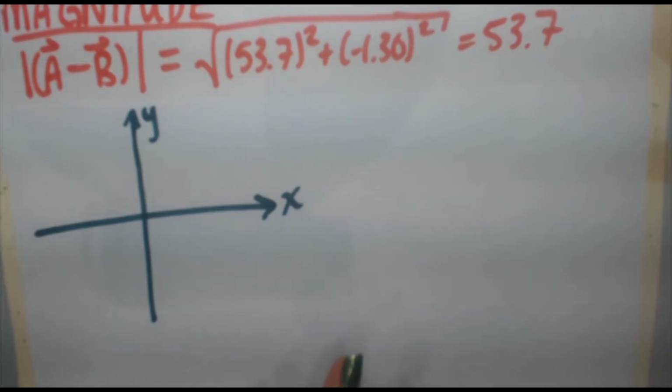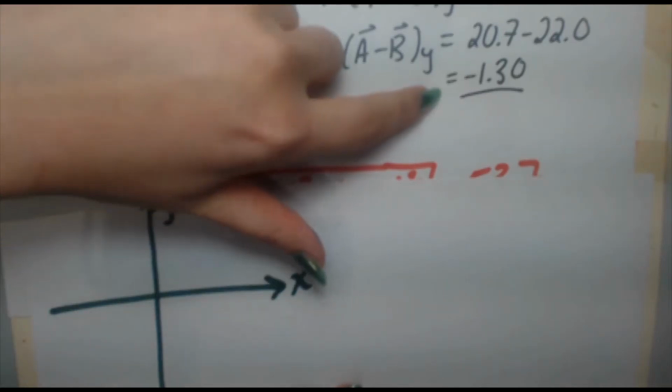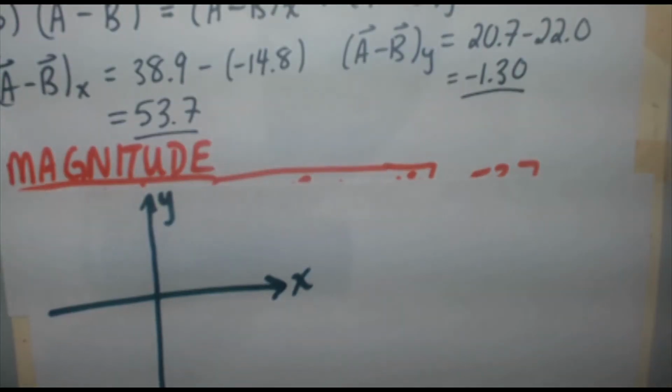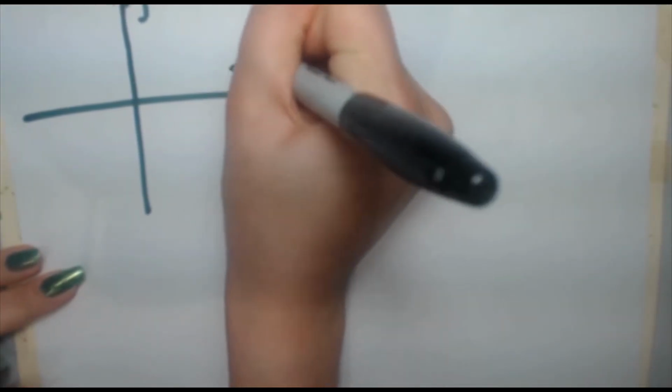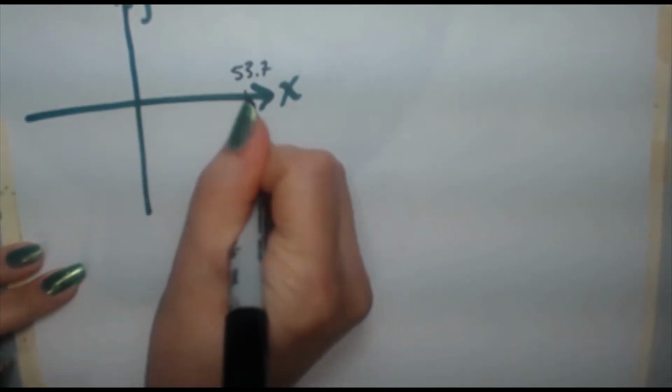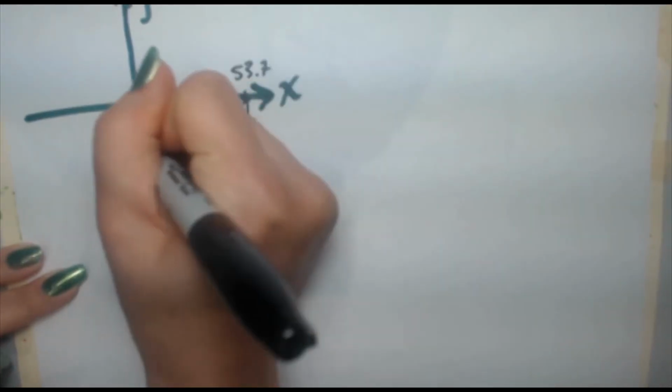Okay, now from our previous calculation, we had found that the x is 53.7 positive, the y is a negative 1.30. So in fact, when we draw our graph, it's going to be positive 53.7 up here. That's our x vector. Our y vector is minus 1.30.